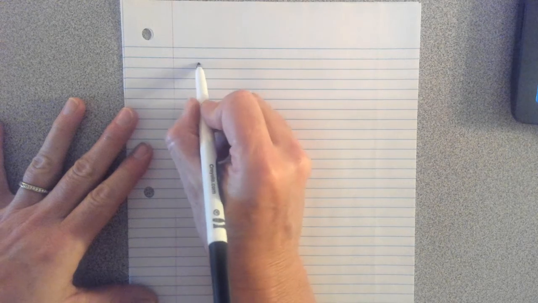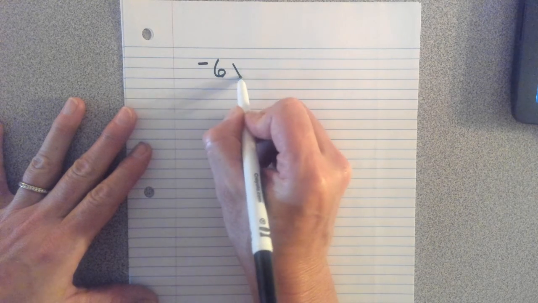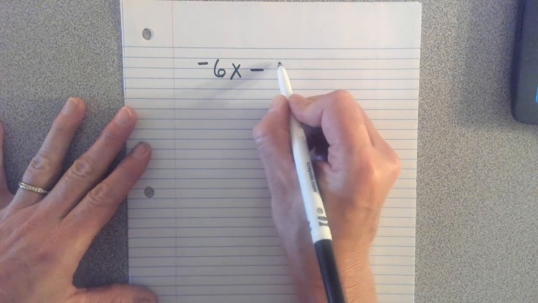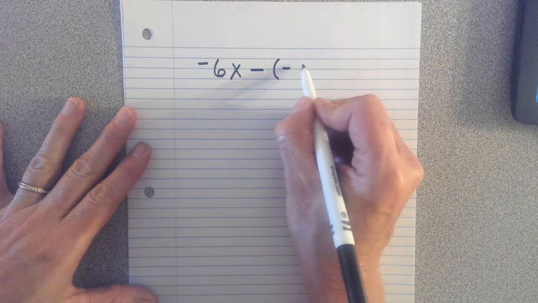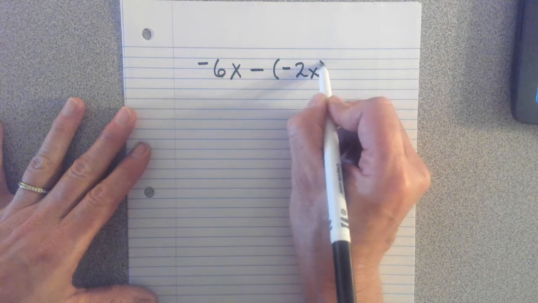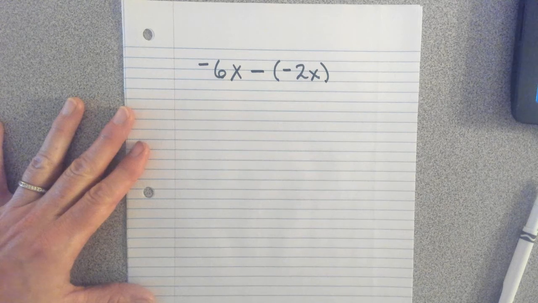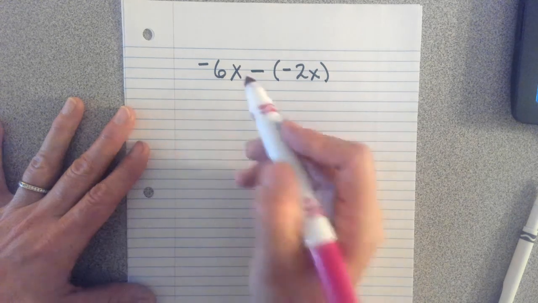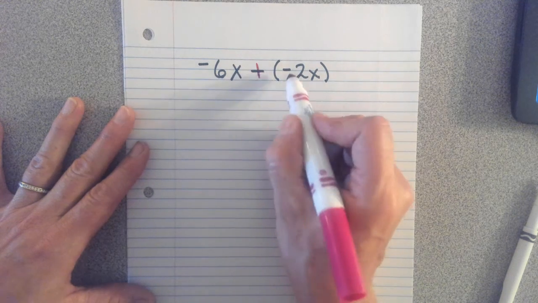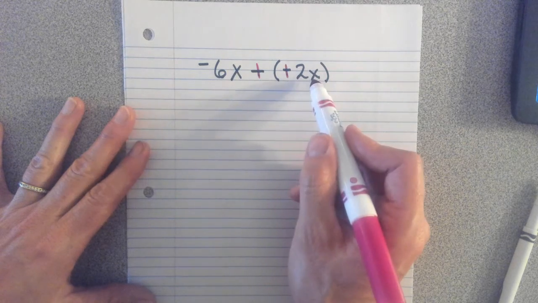Okay, if you still have room, you can keep going on this page. I'm going to switch to a new page. Here's my next example. Okay, take a break, shake out the hands. Here we go. -6x minus, parenthesis, -2x. Okay, once again, we have this minus minus. And if I have leave it, change it opposite, it turns into a plus.